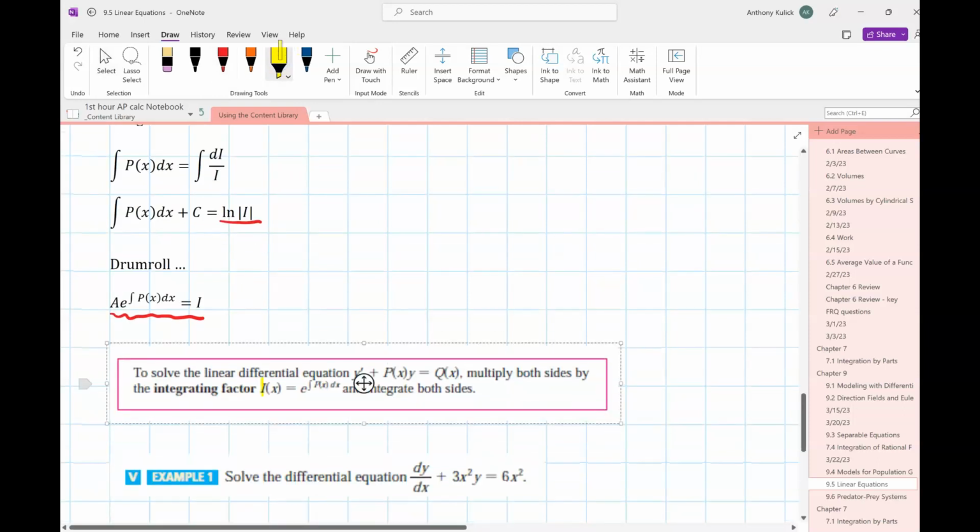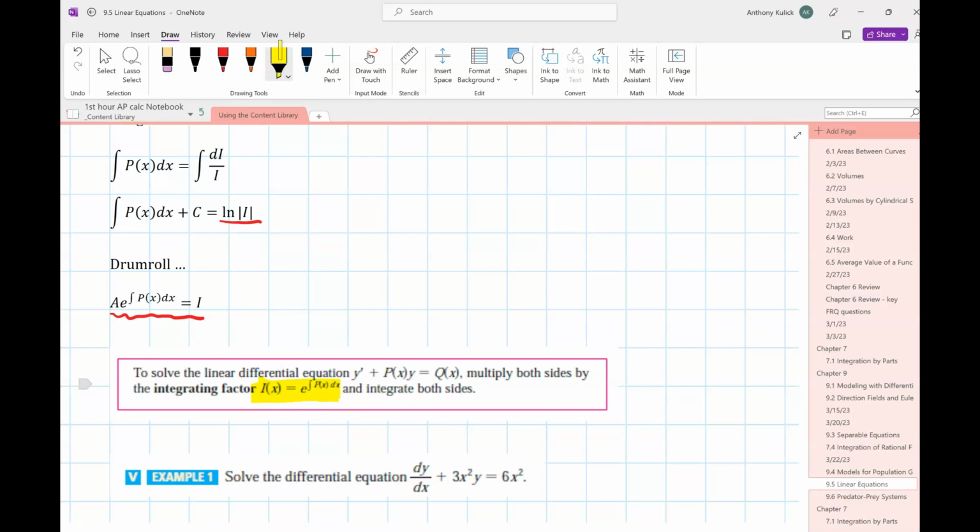So that is our formula for that integrating factor I. It's just going to be e to the integral of p of x dx, which is quite a relief that it was an easy thing to remember, right? Let's put this into practice.